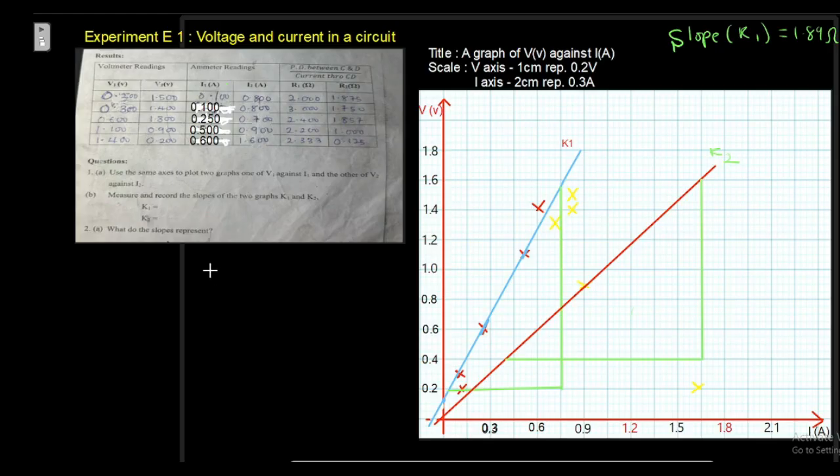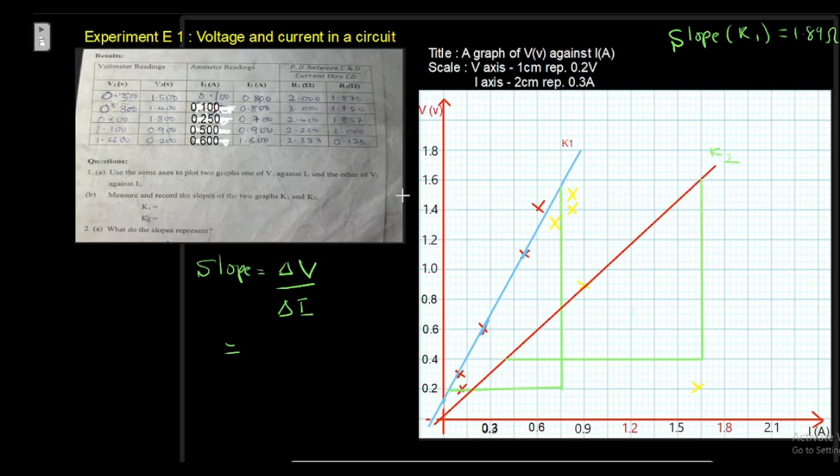Okay, so our slope is simply change in vertical, which is potential difference, V axis, change in V, all over change in horizontal, which is I. So we have delta I. Now we say slope equals delta V over delta I. Check your change in vertical.